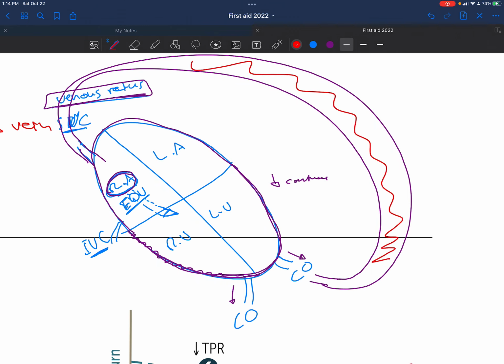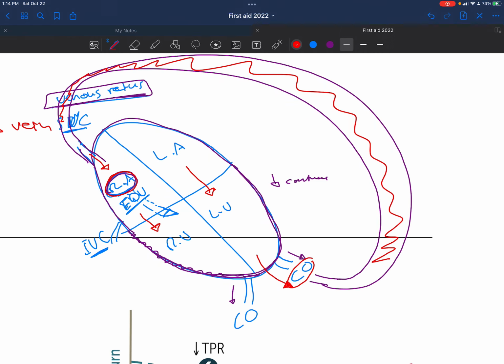It's quite easy if you think about it. If we change how much blood is contained within these vessels, it will change how much blood goes into the right atrium, and of course change the pressure of the right atrium, and that blood is going to move into the ventricles and then go out as cardiac output.